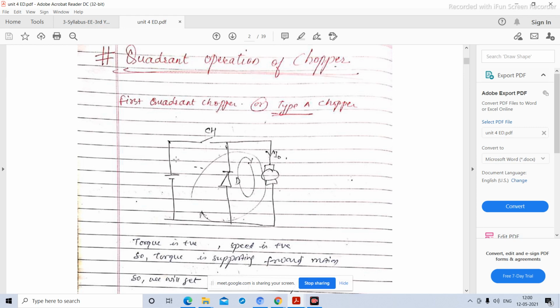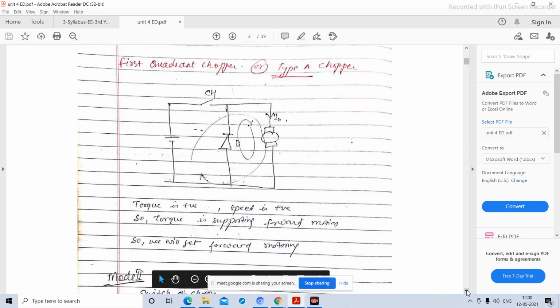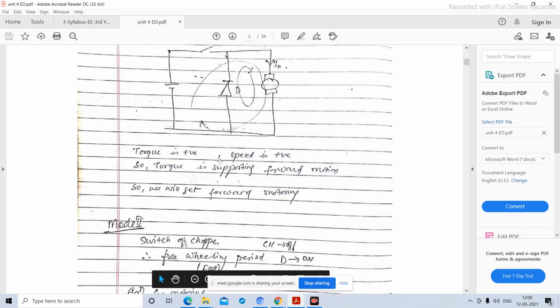Or in another way, the chopper is connected between the input and the DC motor. So in that case, torque is positive, speed is positive, and that is called the motoring case.